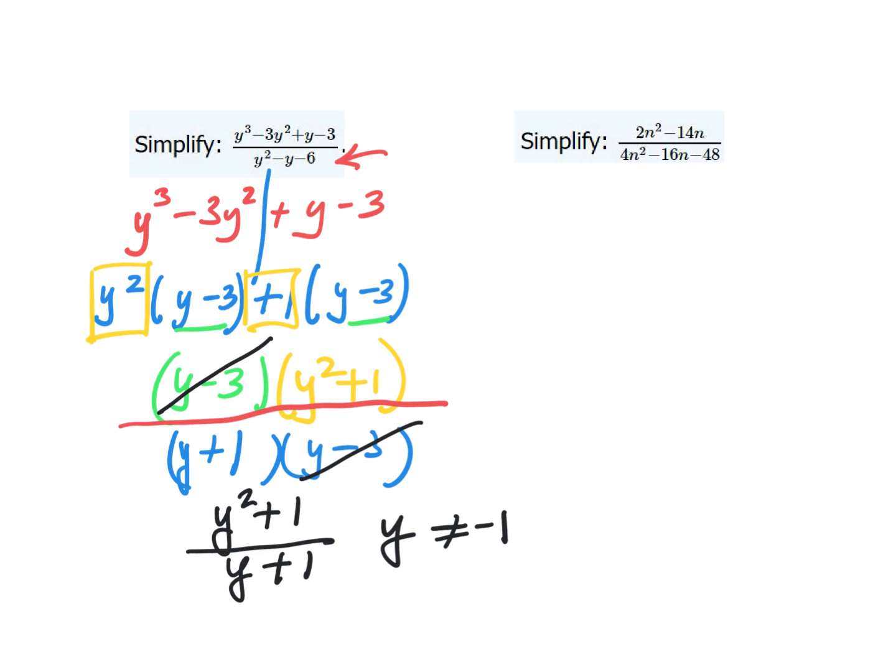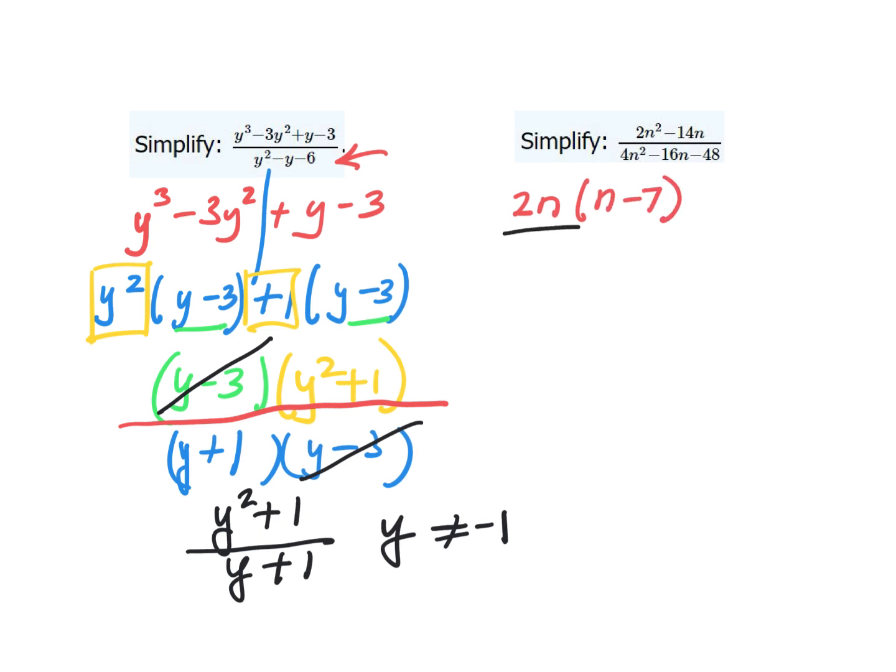If we look at our next example here, you could see that our numerator contains a greatest common factor in that binomial. So I'm going to take first and factor out a greatest common factor of 2n, and that is going to leave me with n minus 7.